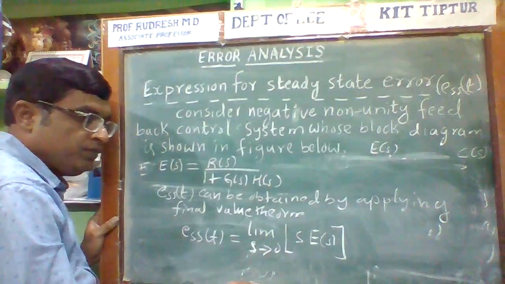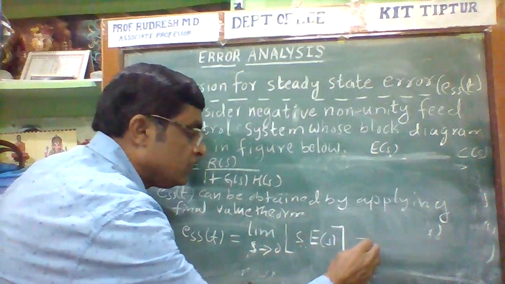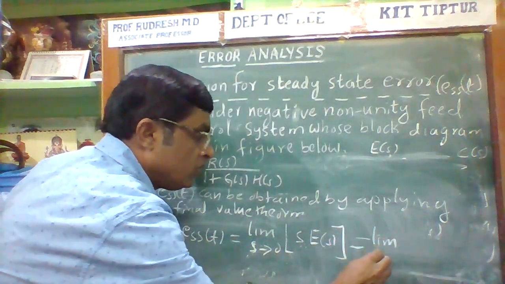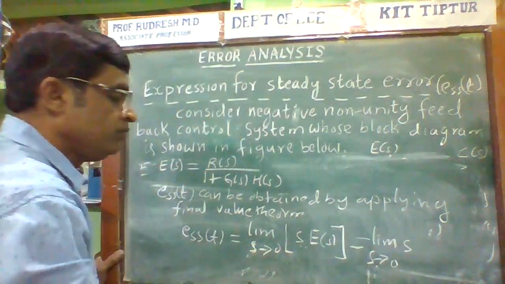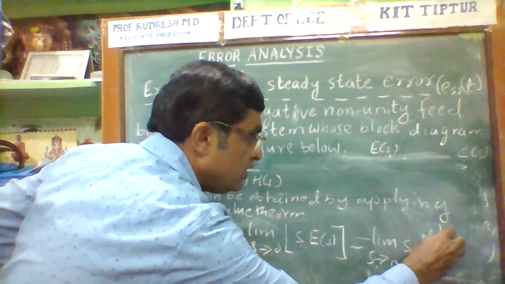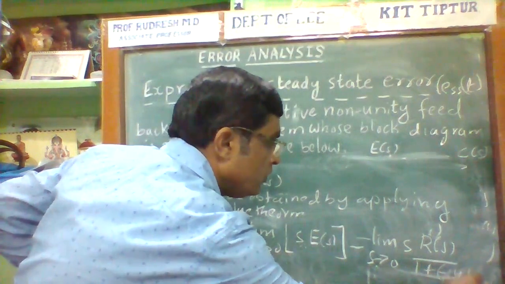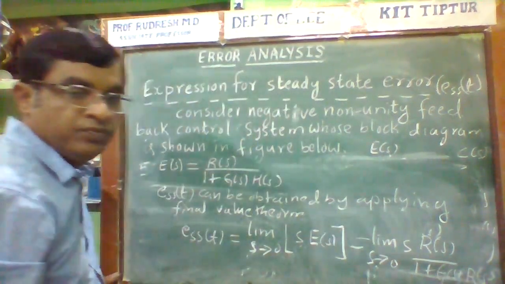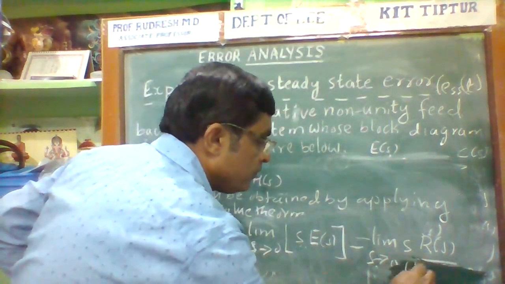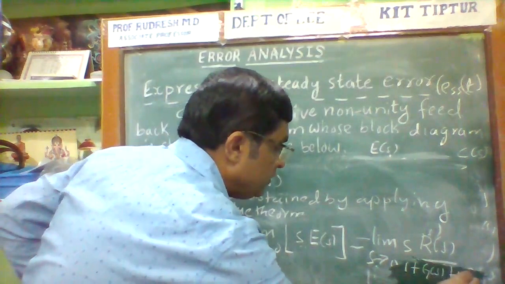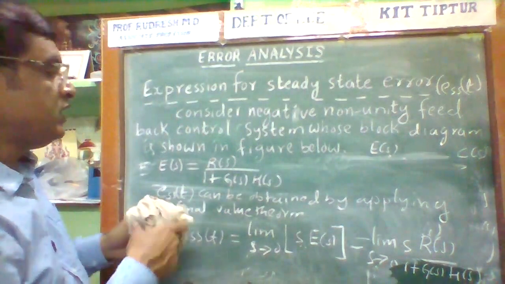So the limit S tends to 0 of S into E(S), where E(S) value is R(S) divided by 1 plus G(S) into H(S). Now what is the steady state error?